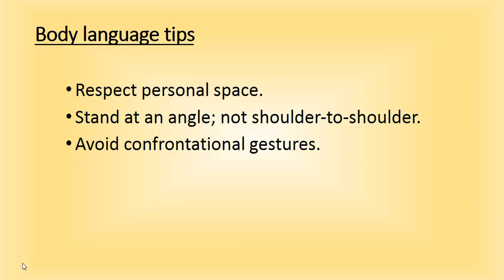Some body language tips. Respect personal space. Everyone has their own comfort zone, their own personal space, and it's typically about 1.5 to 3 feet away from that person. When we get within that comfort zone for a person who is escalating in behavior, we could raise their anxiety, therefore make a situation worse.